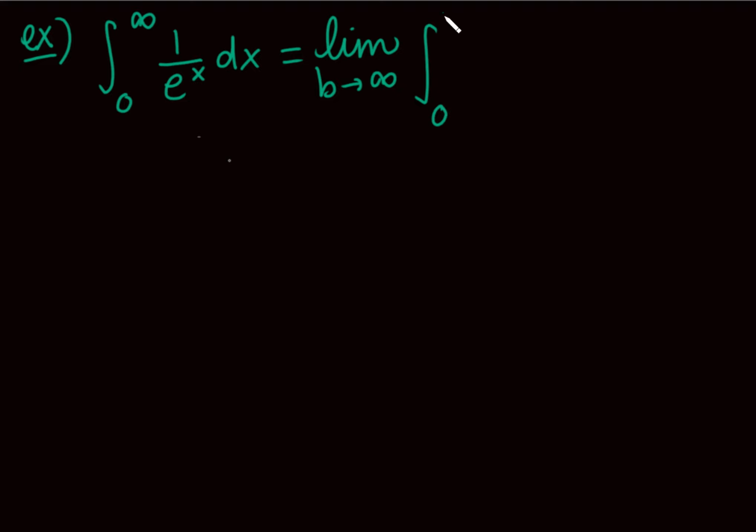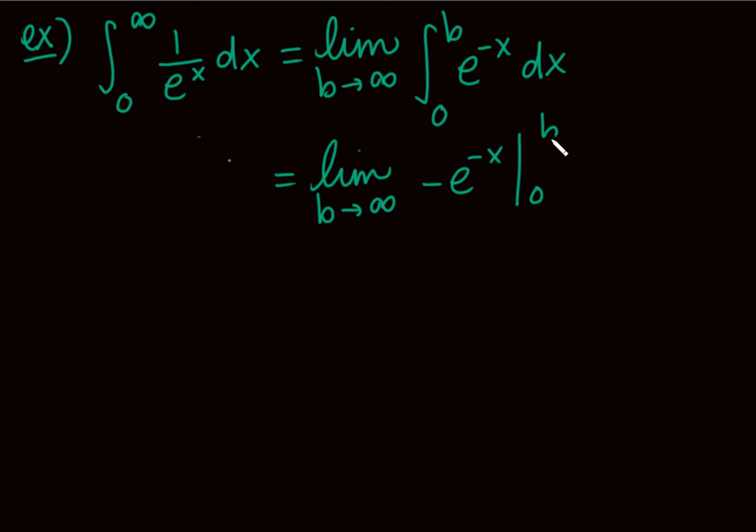You don't have to use b. You really can use whatever variable you would like. Maybe not O, that wouldn't work out very well. Let's take the antiderivative. Again, I'm writing the limit because I haven't actually taken the limit yet. So b goes to infinity. I would have a negative e to the negative x evaluated from 0 to b.